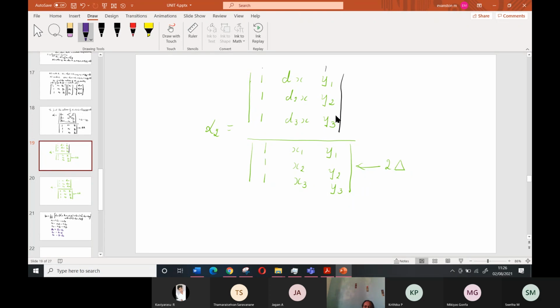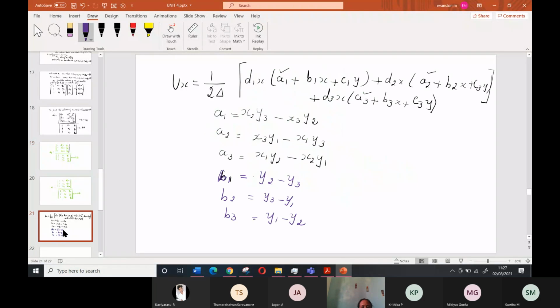When you are taking this one, what will I get? This will throw off y3 minus y2, y2 minus y3. Did you take that minus sign outside?